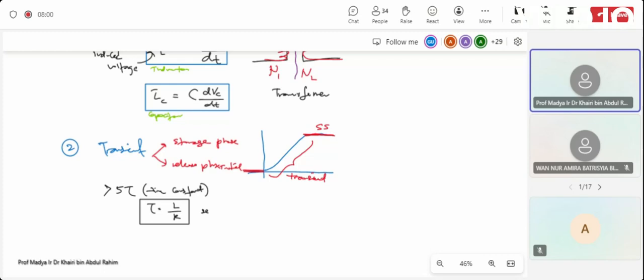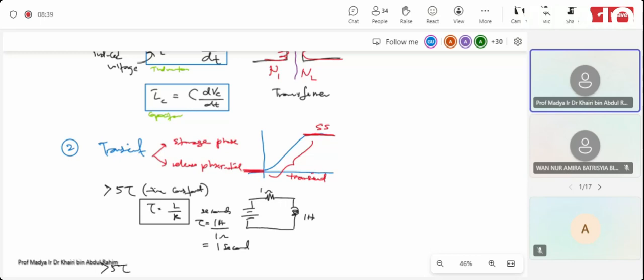Okay, so tau is in seconds. So for example, we have something like this. Let's say this is 1 ohm and this is 1 Henry. Therefore, tau equals 1H divided by 1 ohm equals 1 second. Okay, so that's the time constant for inductance.